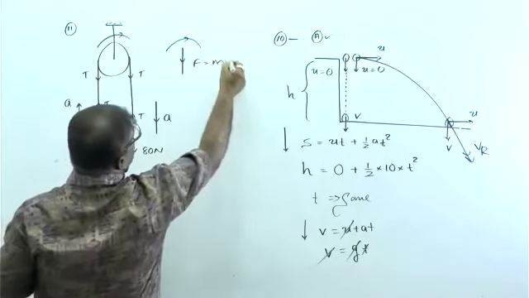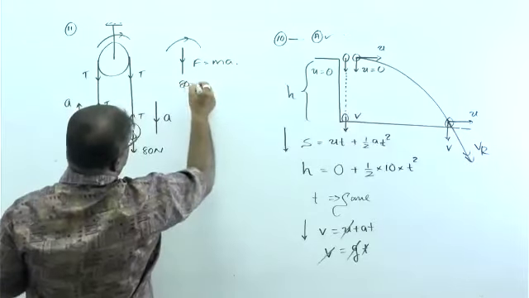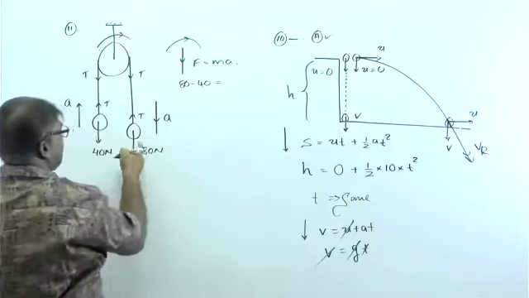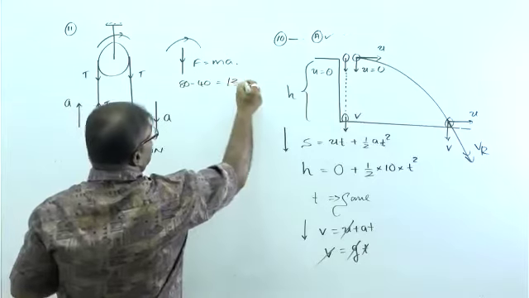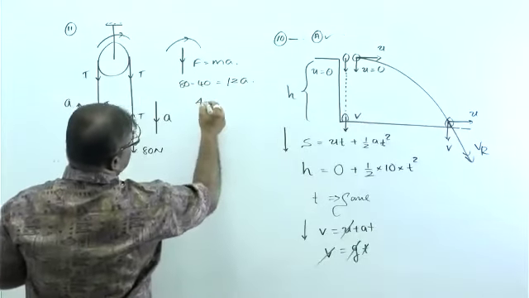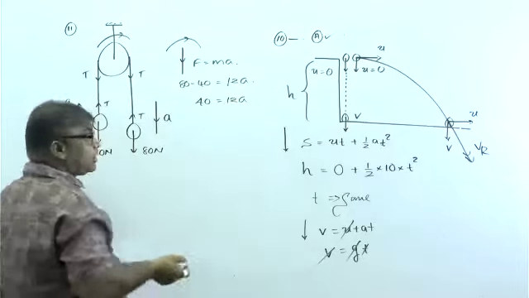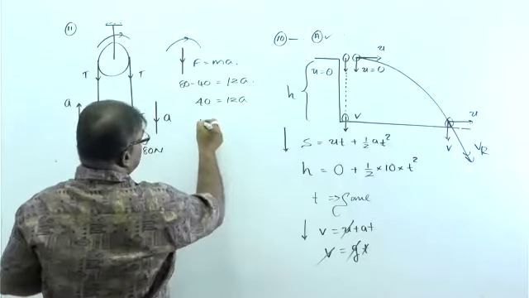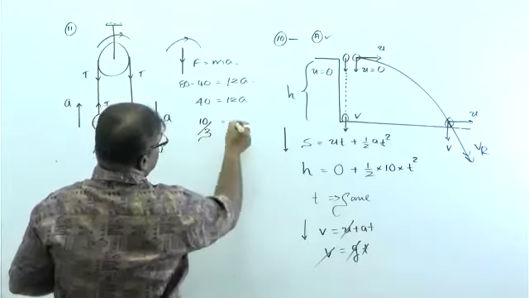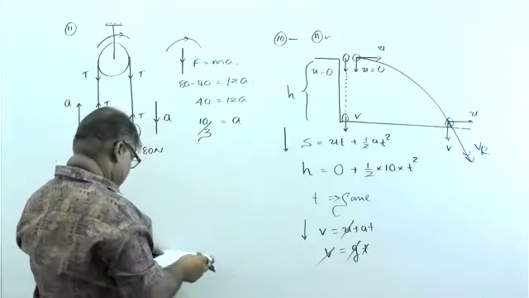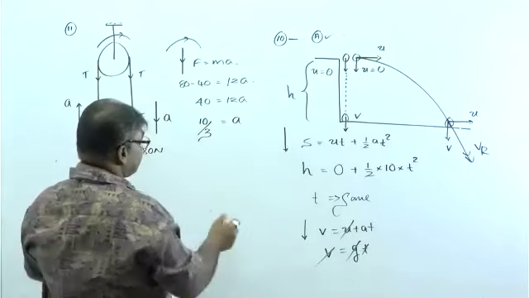Applying F equal ma: 80 minus 40 equals 8 plus 4, which is 12, times acceleration A. So 40 equals 12A, and 10 by 3 equals A, in ms minus 2. The answer is the first one.